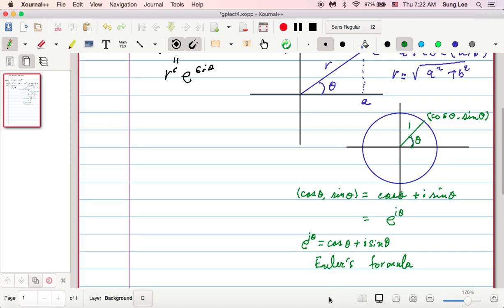Many pronounce this name "Euler," especially if you are Americans, but "Euler" is close to the correct pronunciation. So Euler was an Austrian.